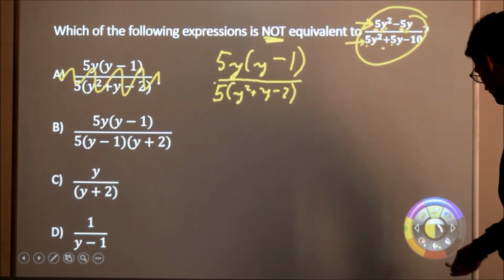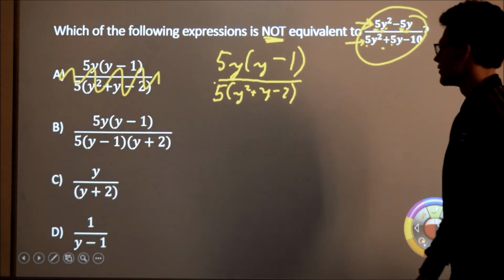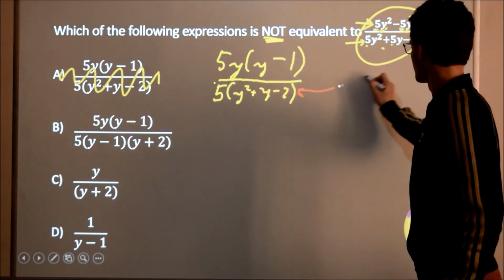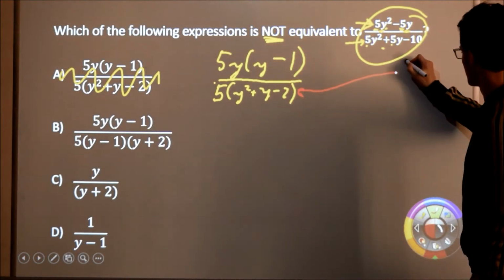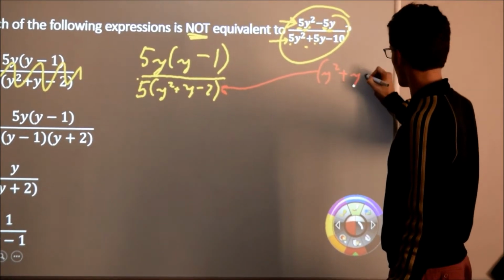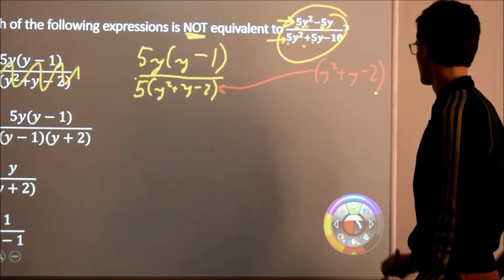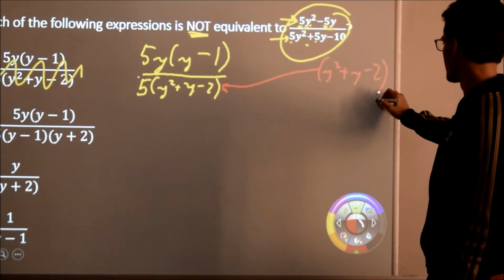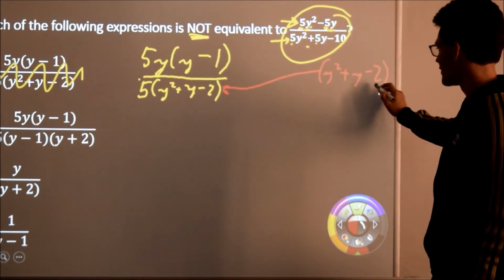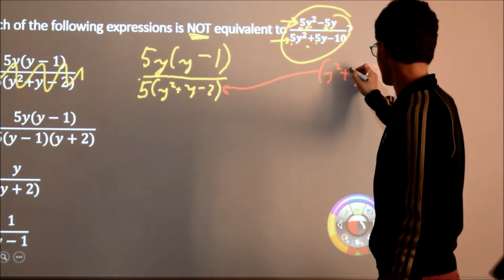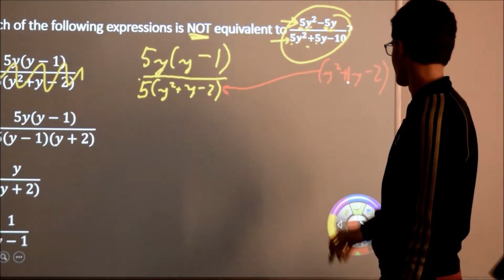Alright, I'm going to change colors real quick. The next thing we can do is factor this bottom part, y squared plus y minus 2. In order to factor it, we need two numbers that multiply to give you -2 but add to give you +1, because there's an imaginary coefficient of 1 right there.